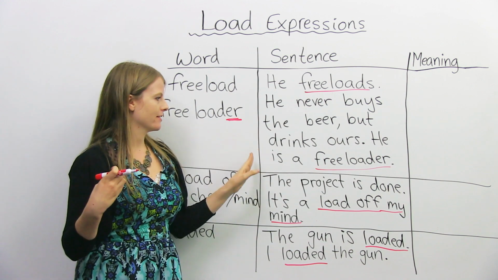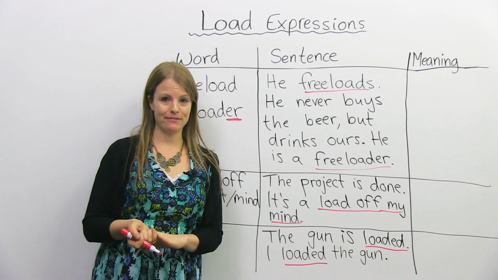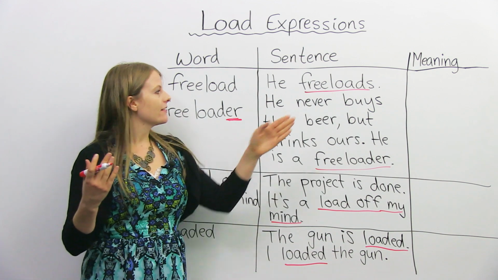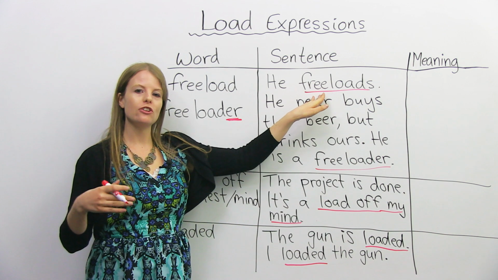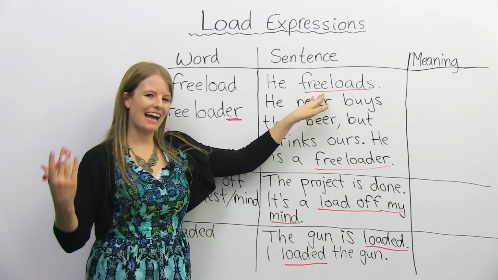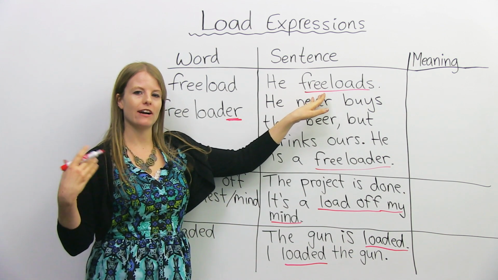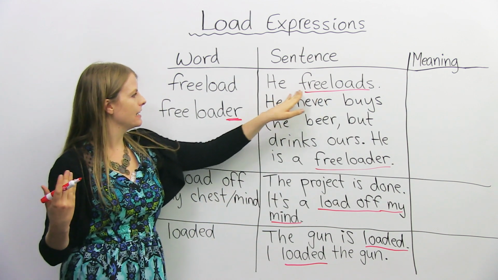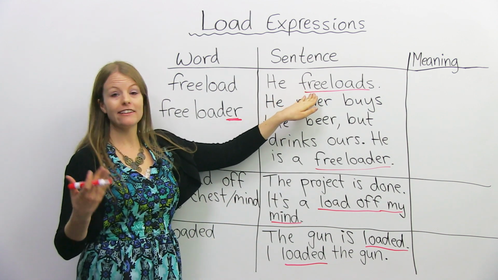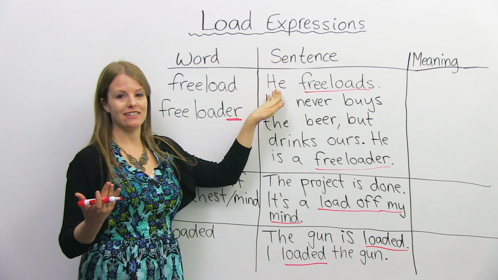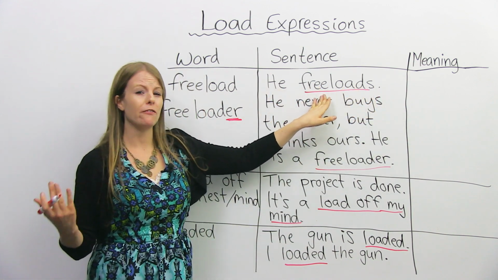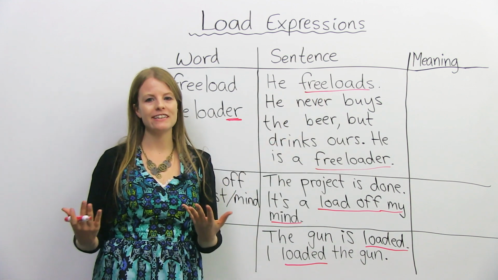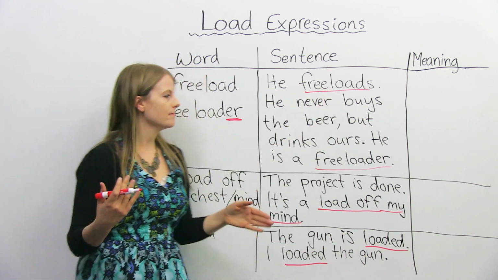He is a freeloader. Okay, so let's look up here first. He freeloads. Do you think this is a verb, an adjective, a noun, or an adverb? Well, considering we just have a subject here and there's nothing after, we can guess that it's a verb. Okay, so freeload can be a verb.